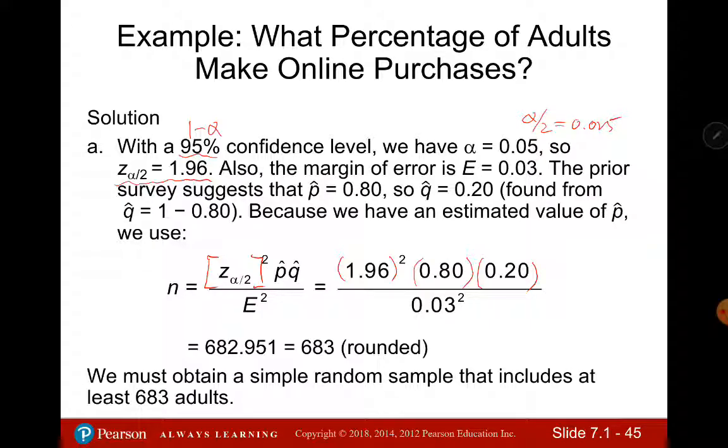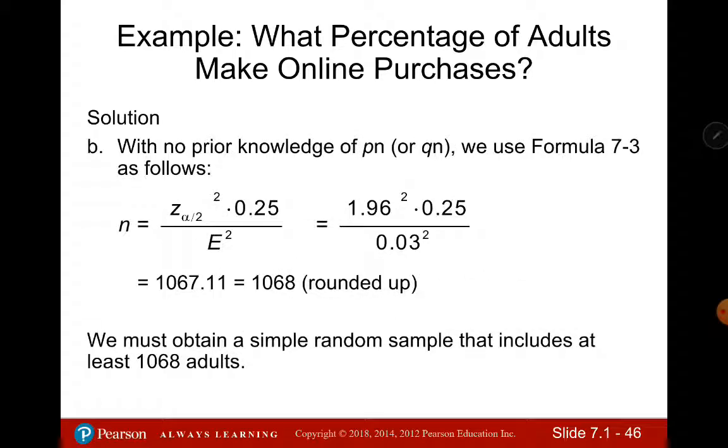So the remaining part is just to use the formula to do the calculation. After that, we round up to the next whole number. We will say at least we need 683 adults to do the survey. If we have too few people to do the survey, then it's not reliable to construct the confidence interval.